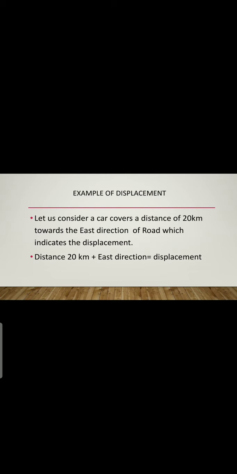So what does it indicate? It indicates the displacement. Not only the distance, we have the direction as well, which is the east direction. The car is covering a distance of 20 km towards the east direction, which is equal to the displacement.